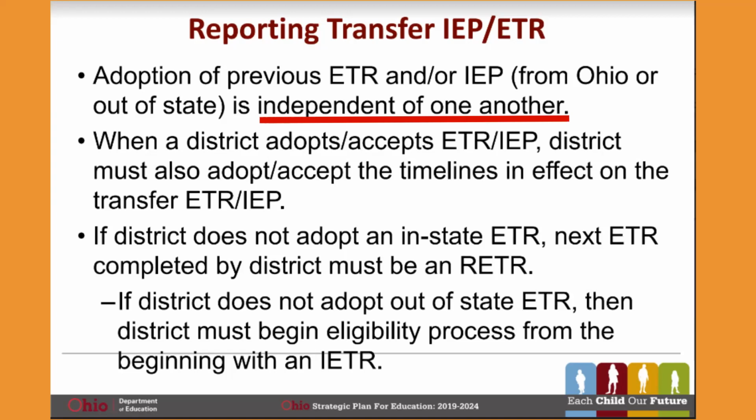So the requirement is that you consider that new information and make that decision. There is no requirement that you have to write a new IEP. So again, that was just bonus information because that really wasn't part of our question list today. But since we're talking about ETR and IEP, we just wanted to throw that in there.